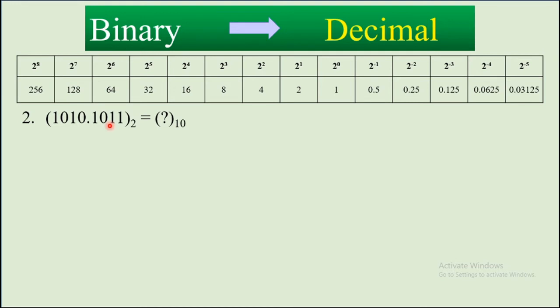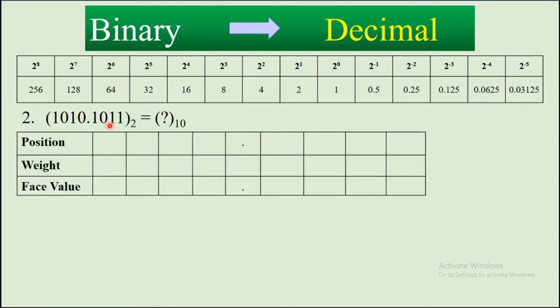Now again we have to prepare the table. First write face value starting from LSB to MSB. Then write down the position. Now see how to write position.